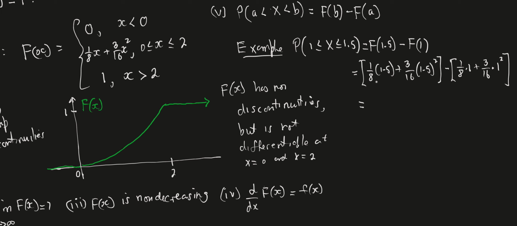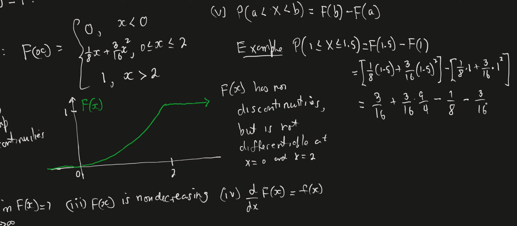So all of this, let's see, what do we have here? This is 3/2, so this is 3/16, and then plus 3/16 times 3/2 squared, which is 9/4, and then minus 1/8, and then minus, because we have to distribute that negative, 3/16.